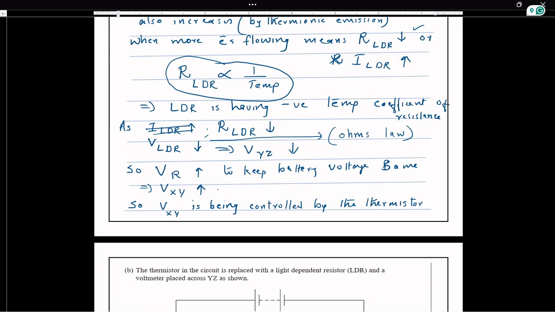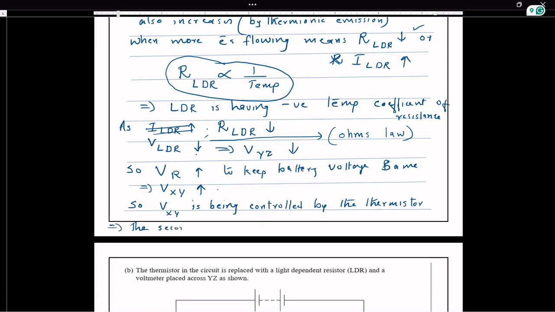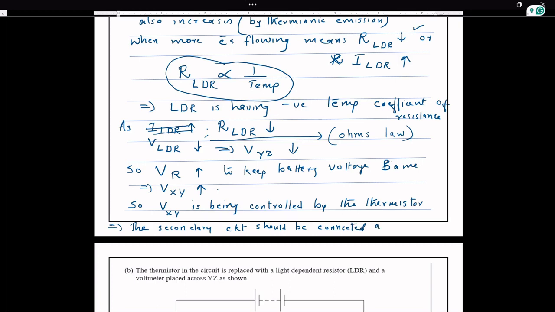So the secondary circuit should be connected across XY. That is, the secondary circuit is connected across the fixed resistor R, or we say connected across XY.